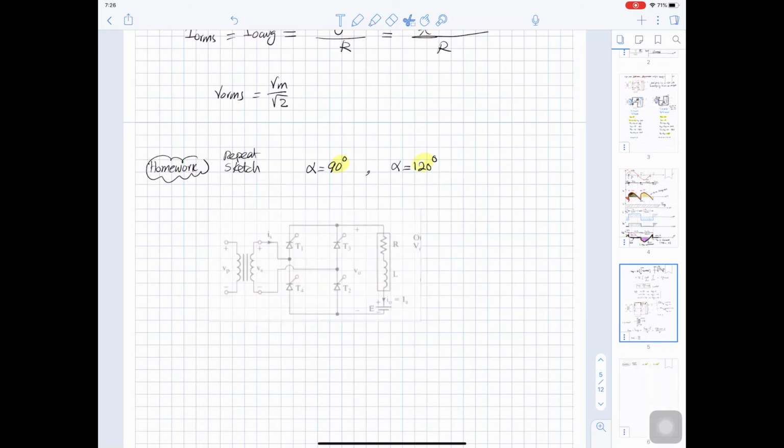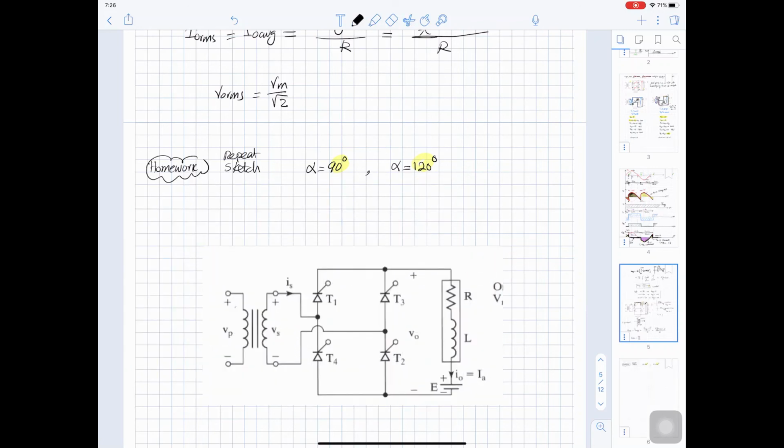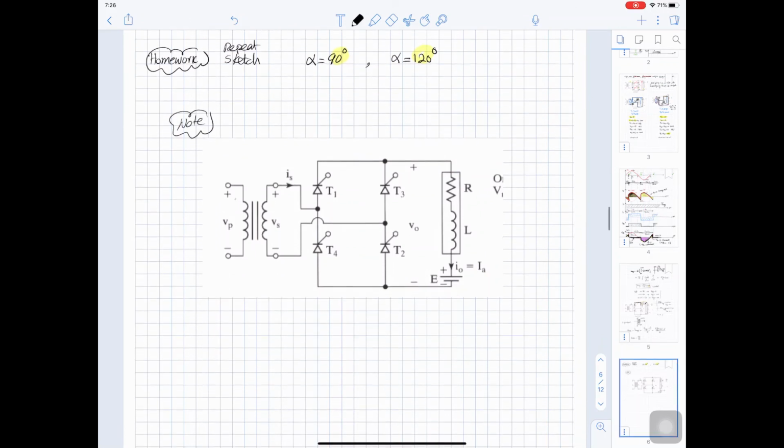One important point, note, what will it change if we added a freewheeling diode here? So what will it change? This is another homework.